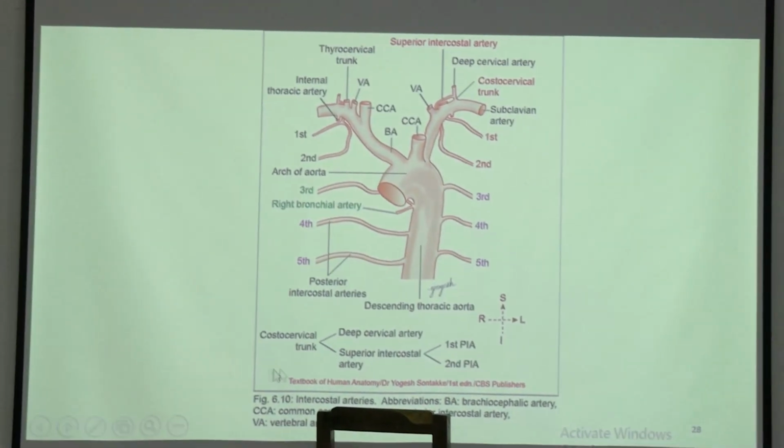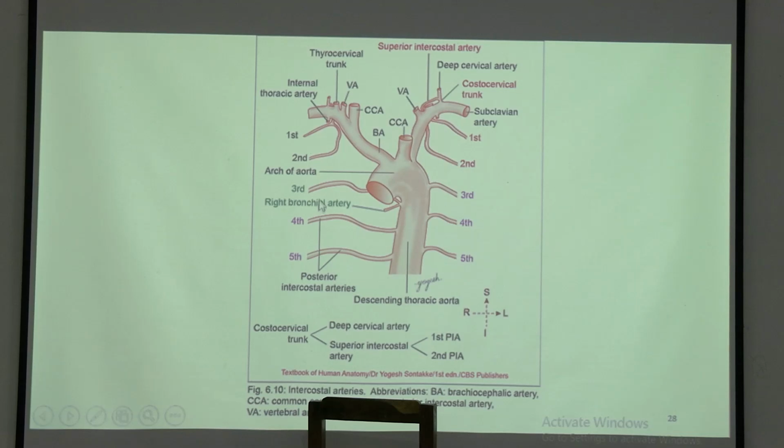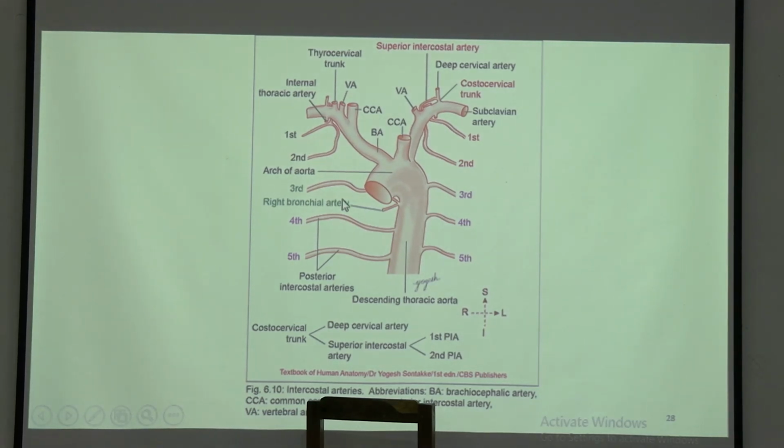You can see from the third, fourth, fifth, they are coming from the descending thoracic aorta. But the first one is coming from this artery. First and second, they are coming from this artery. Okay, or this artery. The same artery. This one. Or this one.